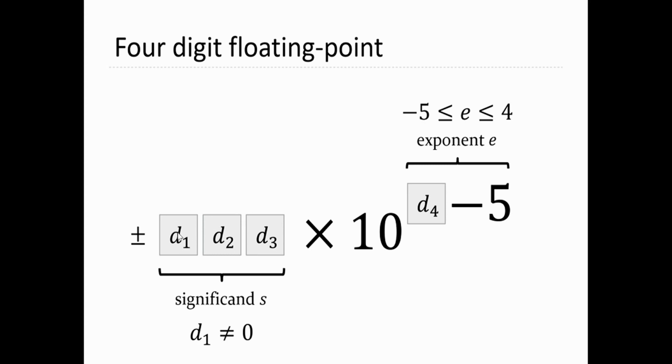And then we have an exponent. There's 1 digit used for the exponent, so a value between 0 and 9. It's also an integer, and then we subtract a value from it so that we can get negative exponents as well. So all of our numbers will be written as a 3-digit integer times 10 raised to some integer exponent that's between -5 and 4.